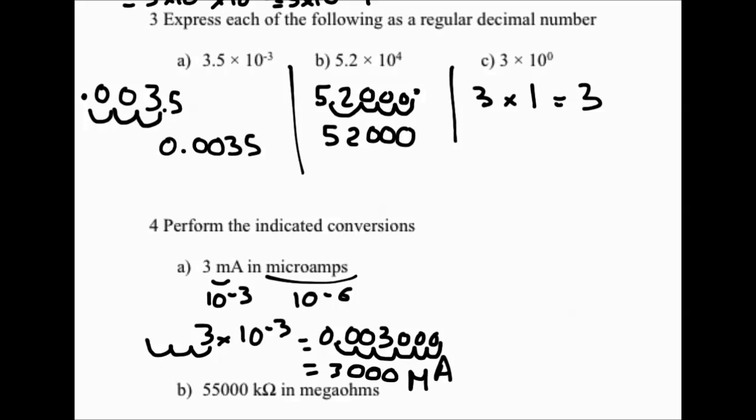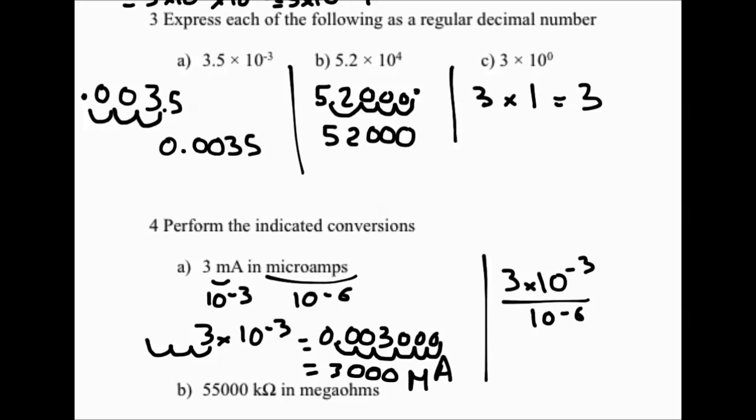Okay? Another way to do it is to say, again, what's 3 milliamps? Milliamps is 3 times 10 minus 3. And you want it in microamps, which is 10 minus 6. Just divide by the microamps. So minus 6 on the bottom goes on top and becomes plus 6.